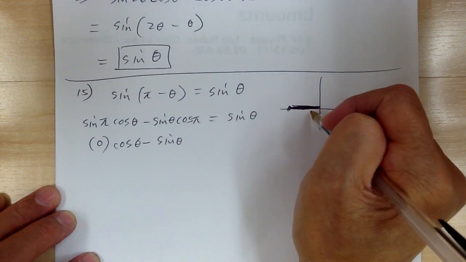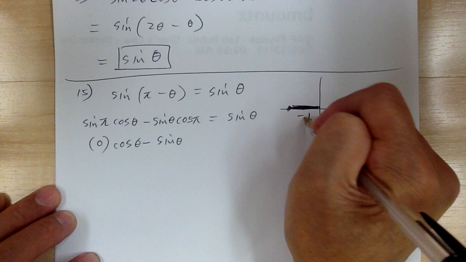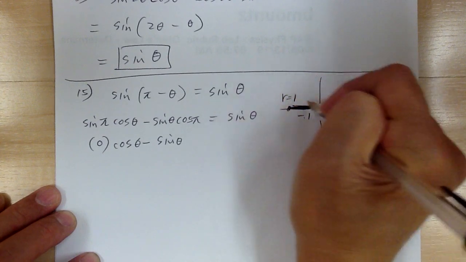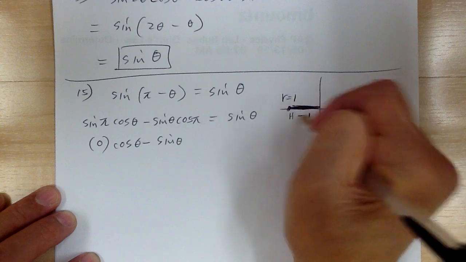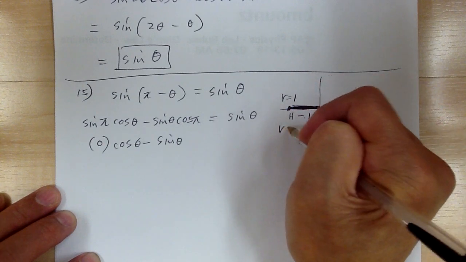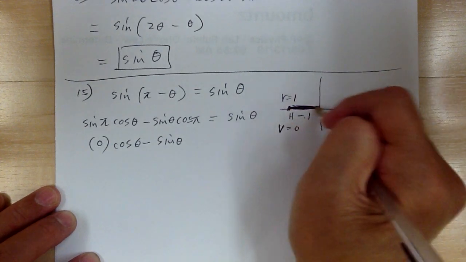And cosine is equal to -1. So again, you're going to get horizontal equal to -1 and radius equal to 1. I'm going to call h the horizontal, and the vertical is going to equal 0. Think of it in terms of a triangle.